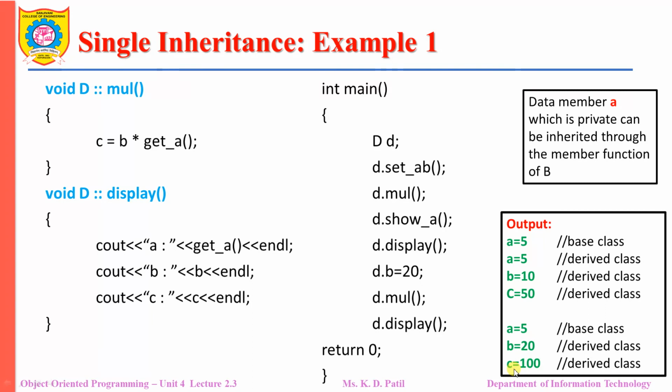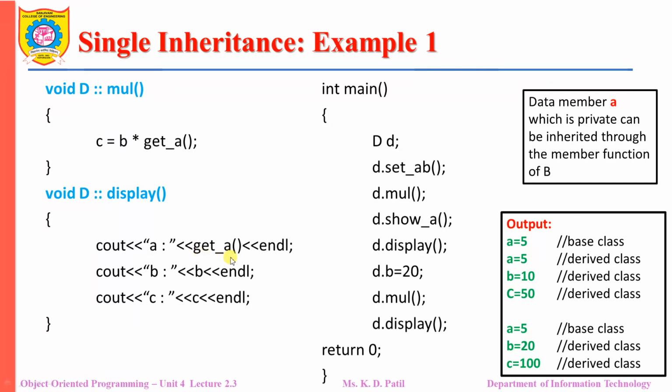Now please remember here that data member A, which is private, can be accessed through the member function of B only. As you can observe here, we are accessing the value of A through the member function of B only.